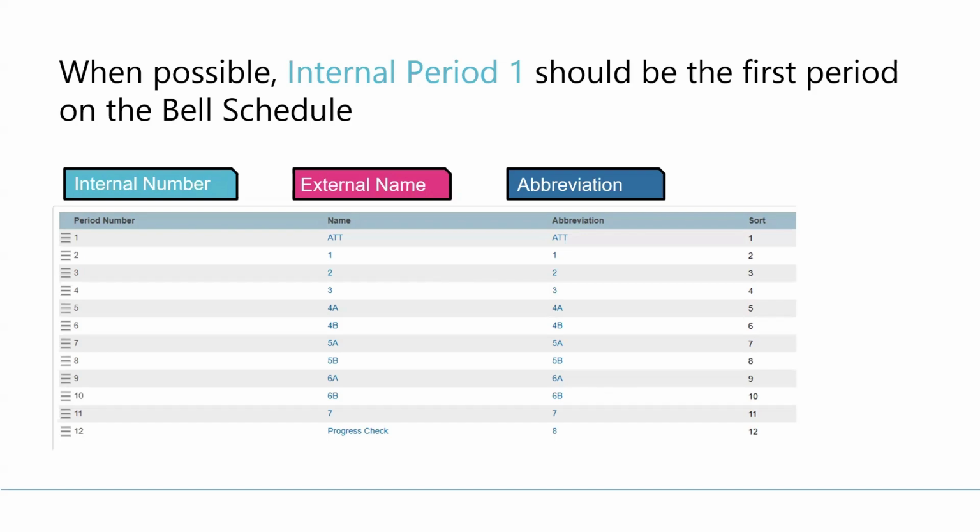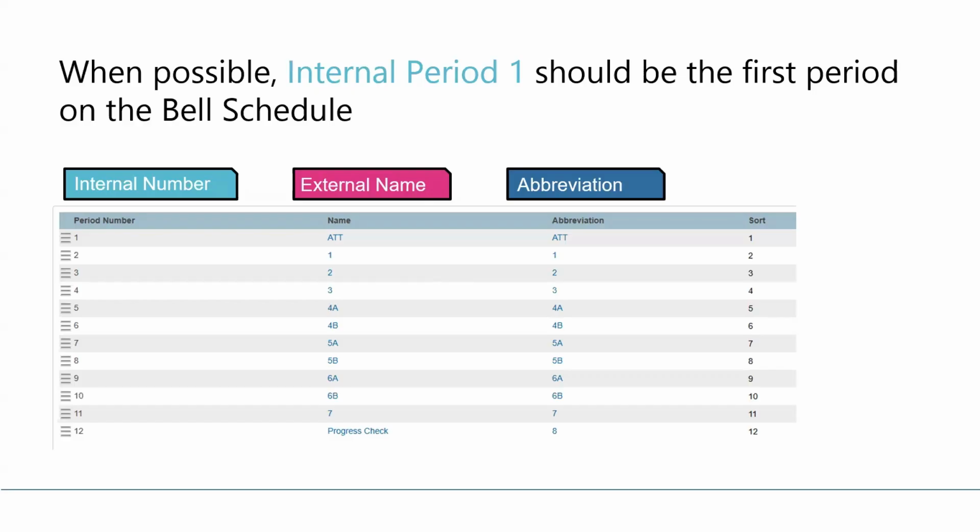What staff and students see is still completely up to you. You can set the external name, as you see here, and the abbreviation to whatever makes the most sense for your schedule. The internal period number is something the PowerSchool team uses when we're helping troubleshoot issues in DDE, DDA. That's why we suggest, when possible, keeping internal period 1 as your first bell schedule period. It'll help us when we're supporting you, and most easily it helps us behind the scenes.